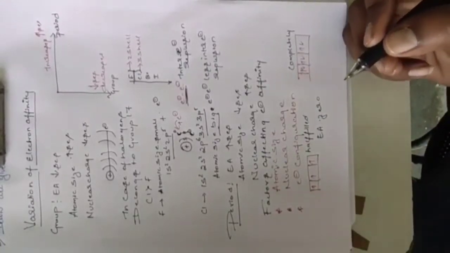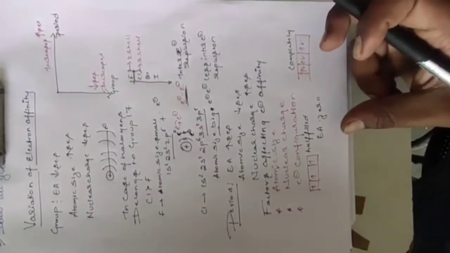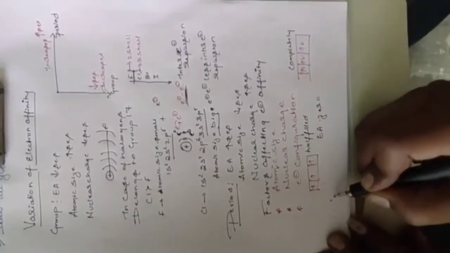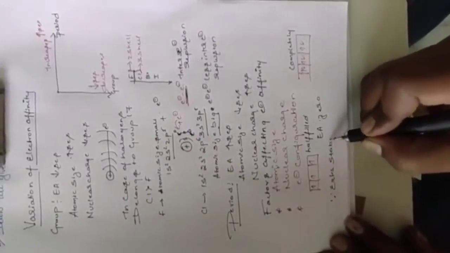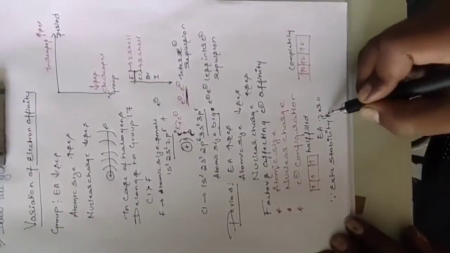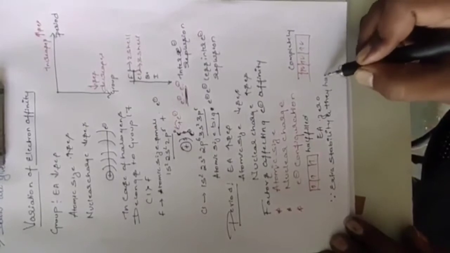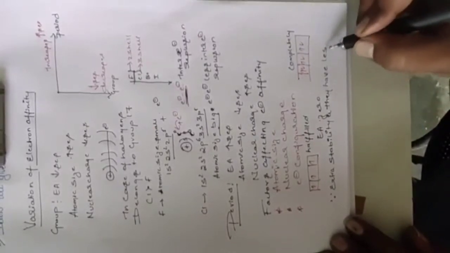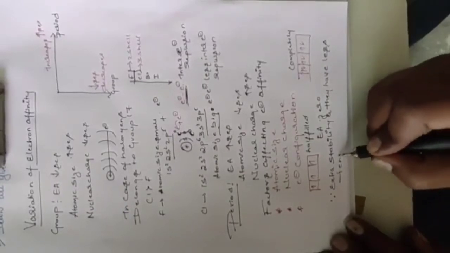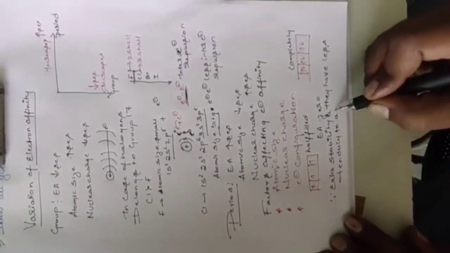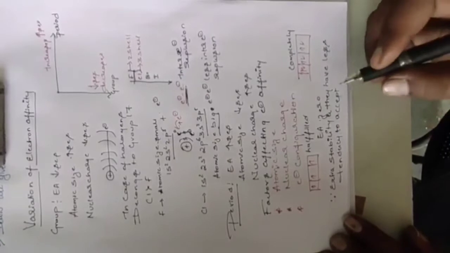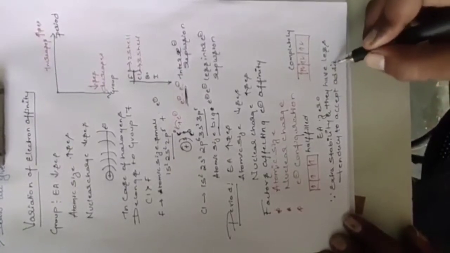Why? Because of extra stability, and they have less tendency to accept or gain additional electrons. These three factors will affect the electron affinity.